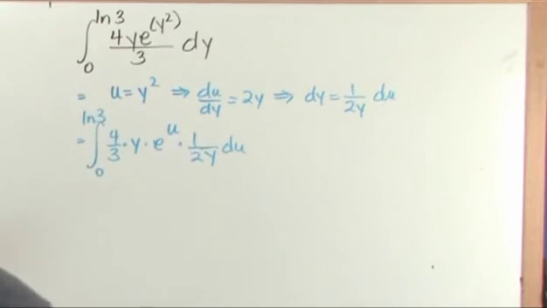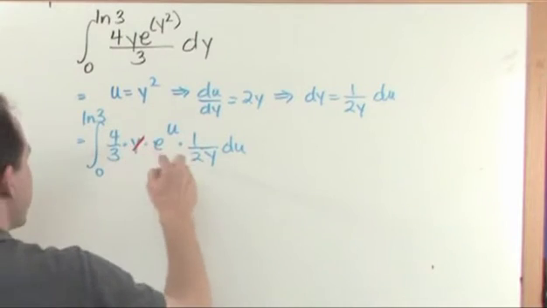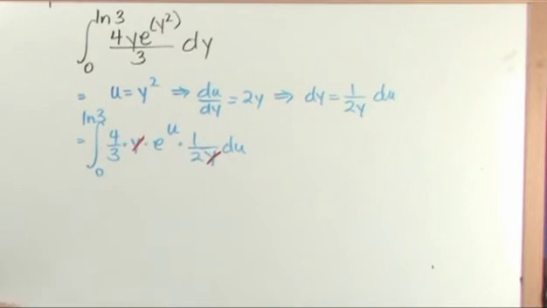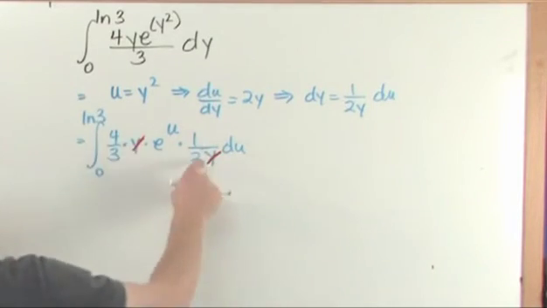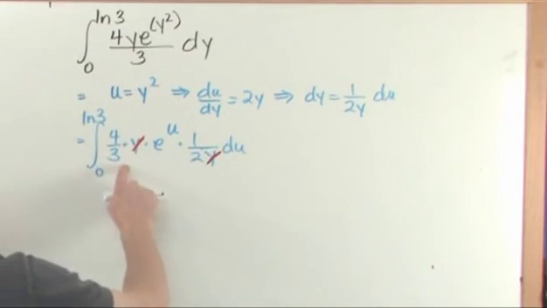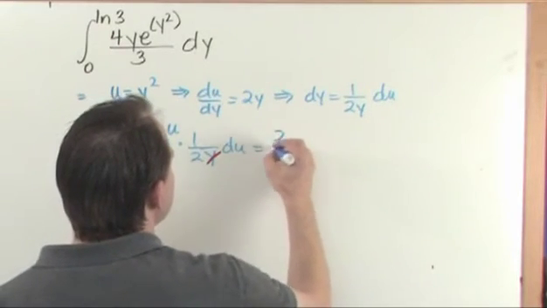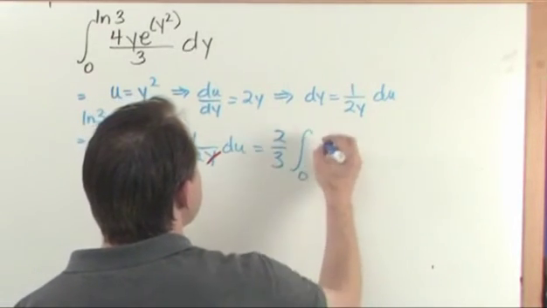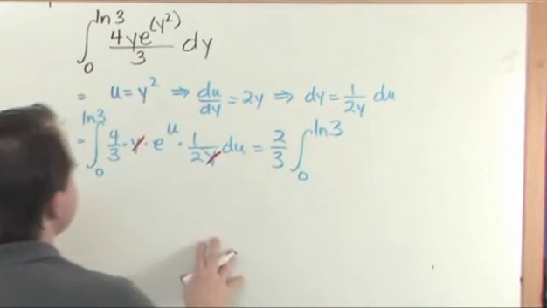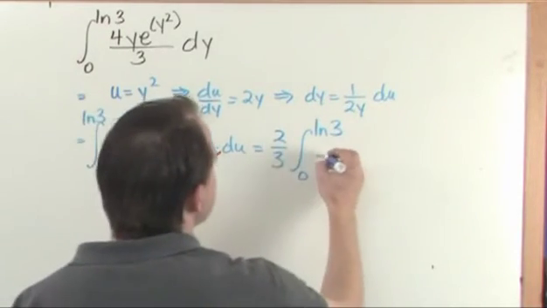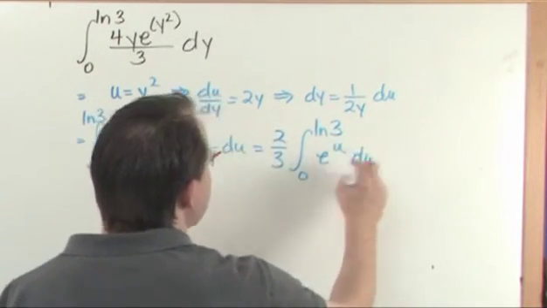Now you can see exactly why we did the substitution, because this y cancels with this y, and now I have a nice cute integral that I can do. So I'm going to have the 1/2 times the 4/3, 4 divided by 2 gives me 2, so 2/3 integral 0 to natural log of 3 of e to the u du.